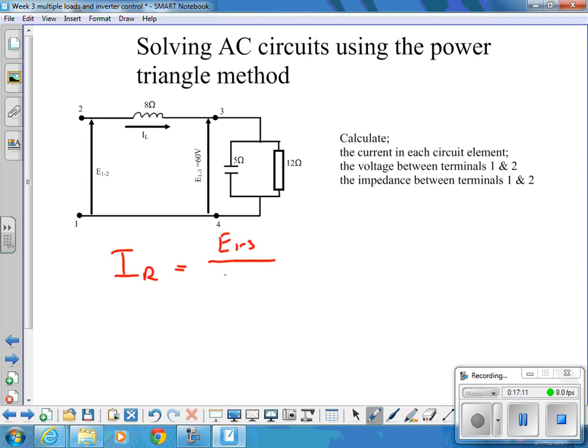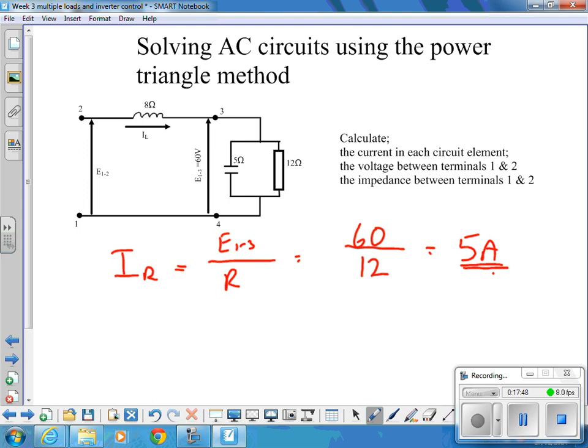Over R. That's 60 volts over the 12 ohms equals. No, because they're in parallel, Keith. They've both got 60 volts across them. Remember? Two in parallel, voltages the same. Currents are different, voltages the same. So it's 5 amps.